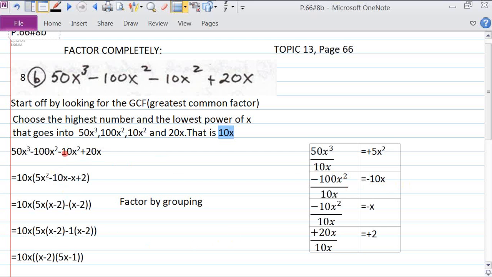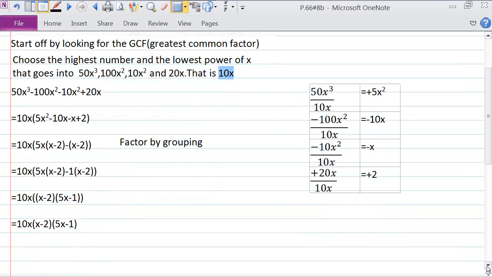Then I take the third term, minus 10x squared, divided by 10x, and the 10's cancel, and I just have minus x, so that becomes this term right here.